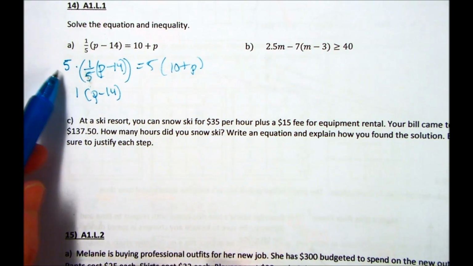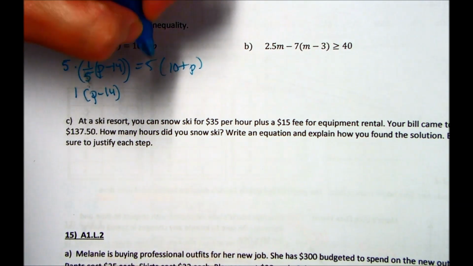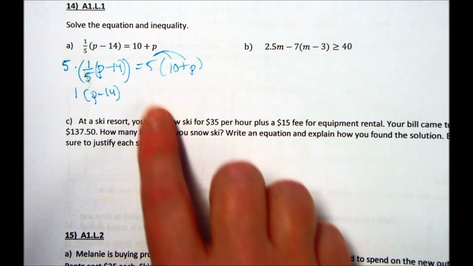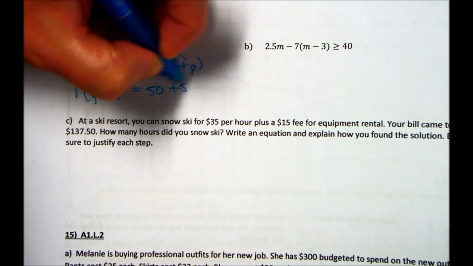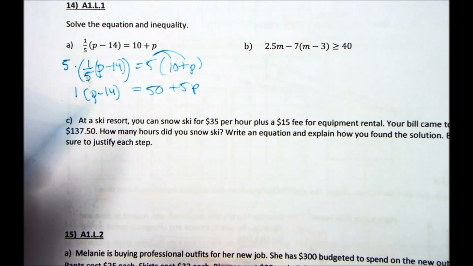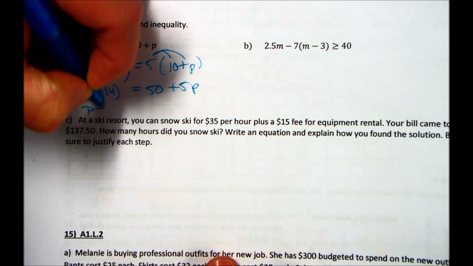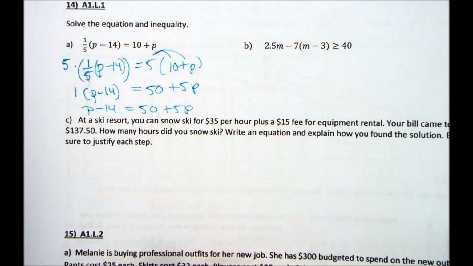And that will get rid of the fraction, which nobody really likes anyway. And then when we distribute the 5, we'll get 50 plus 5p over there. Now if you distribute the 1 in, it's really not going to change anything. You'll have p minus 14 equals 50 plus 5p.